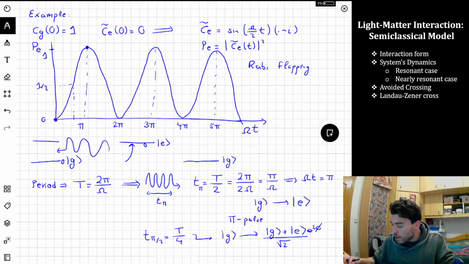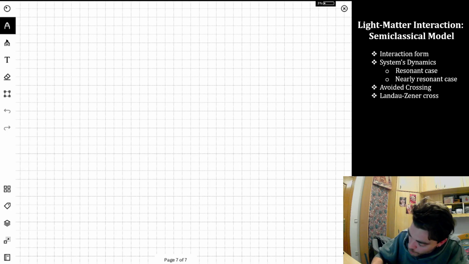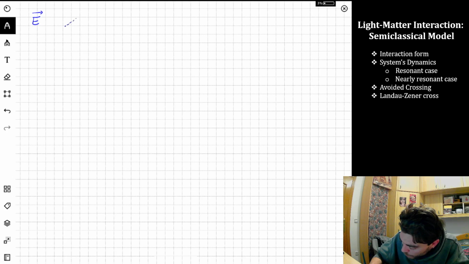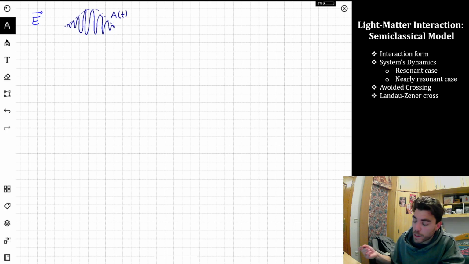Now it is true, as a note, that here I'm considering that the electric field was constant, uniform. But if I send a pulse, it's not uniform. I could imagine an envelope, and I'm sending some electromagnetic wave with a certain envelope, A(t), which would be the amplitude, depending on time.